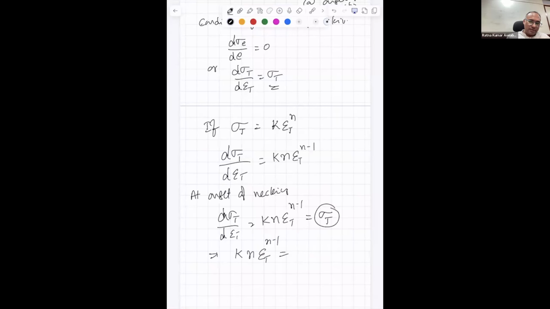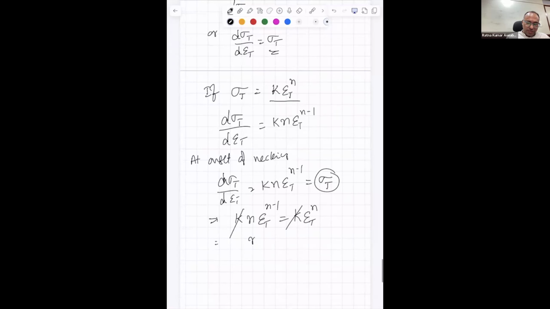Sigma T is again K epsilon T power n. K gets cancelled, and we get n by epsilon T times epsilon T power n is equal to epsilon T power n. This is cancelled. That implies epsilon T is equal to n.